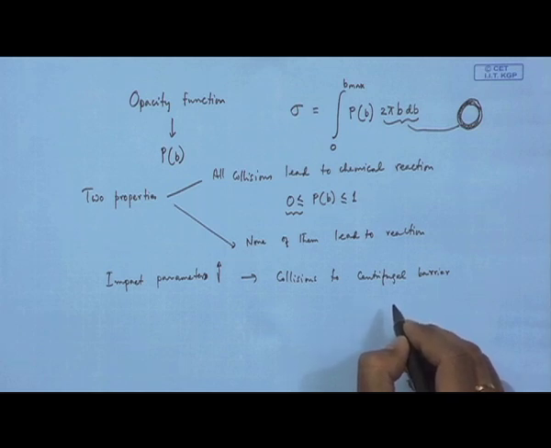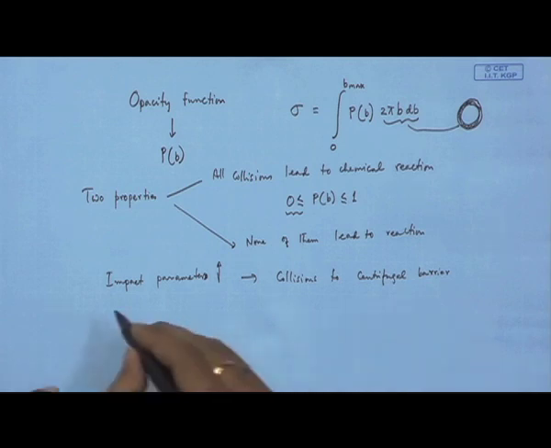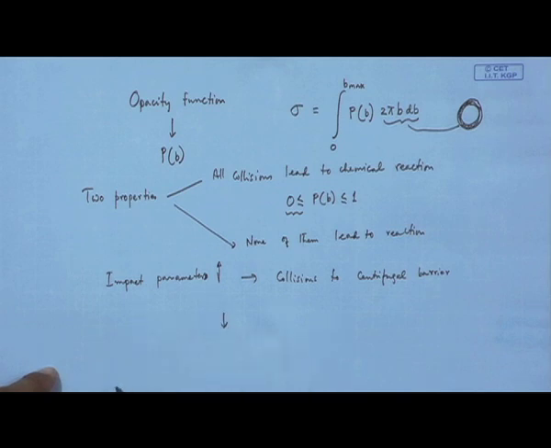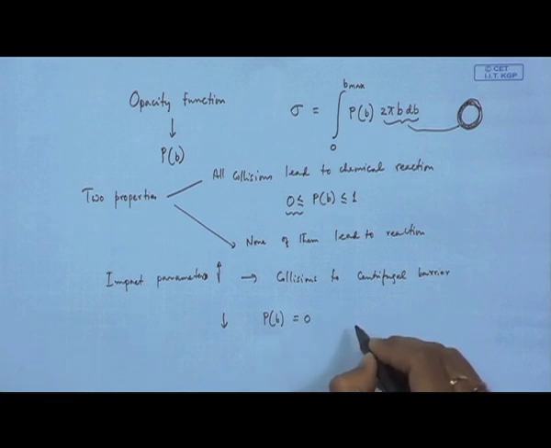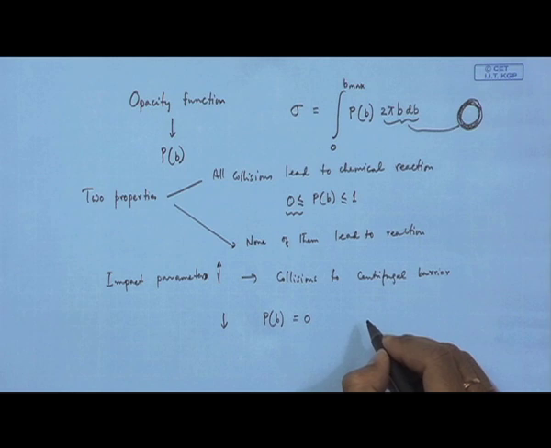Therefore, we expect that reaction will only take place when B is small, that is, of the order of range of intermolecular forces. So, if Pb is 0, then reaction does not take place, and that corresponds to high value of B.